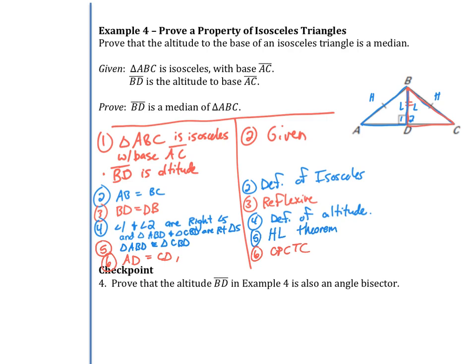AD equals CD, therefore BD is a median. Because I'm kind of running out of room there, so I make one long statement. AD equals CD, therefore BD is a median. And that will be CPCTC. So we found out these two things are equal.